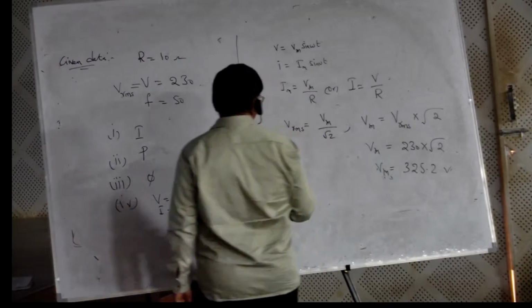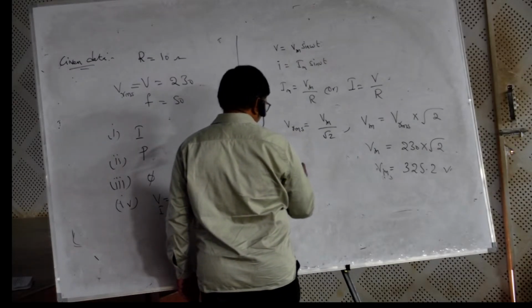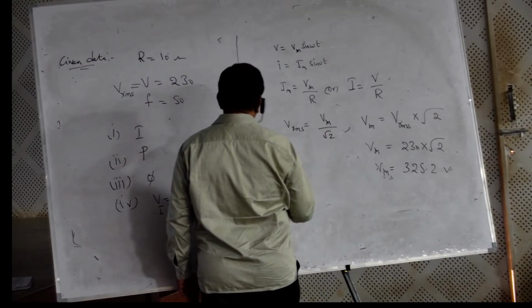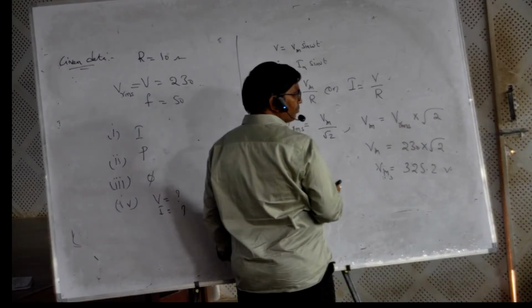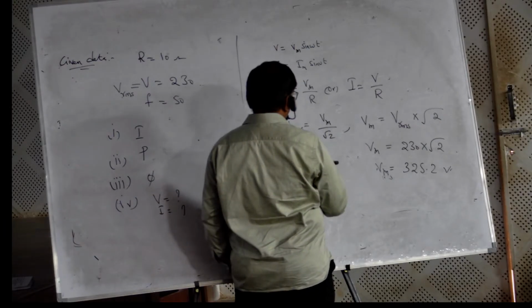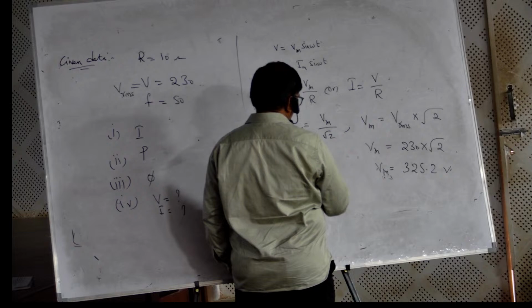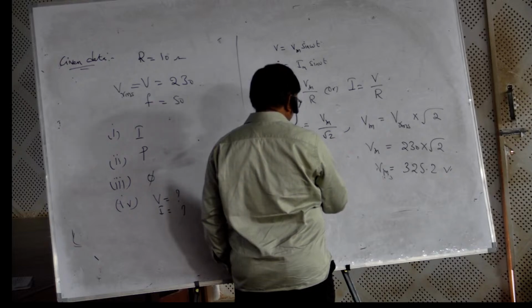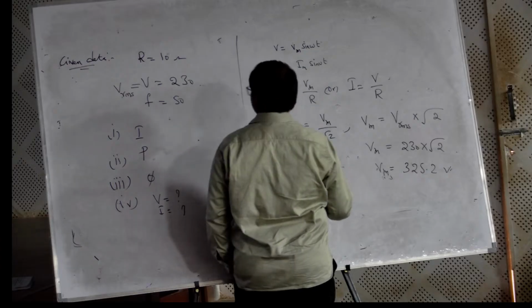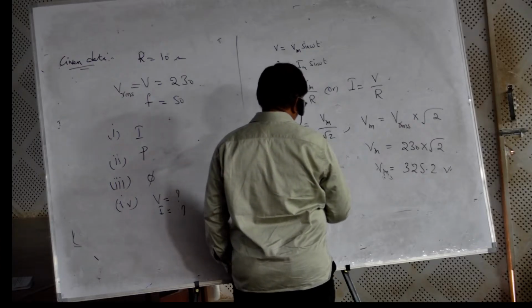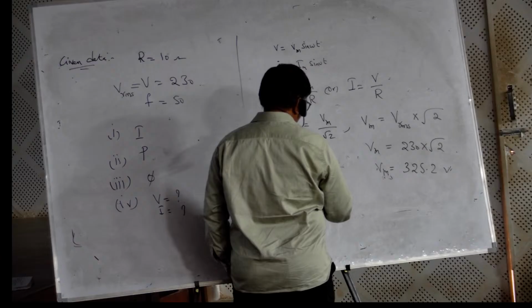Now find out Im. Im is equal to 325.2 by R. R is how much? 10. So 32.52.